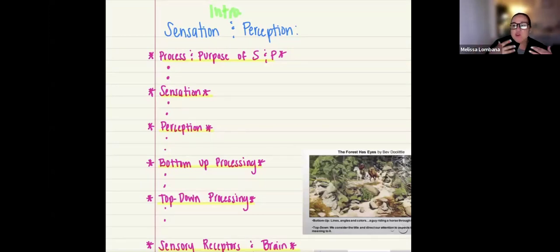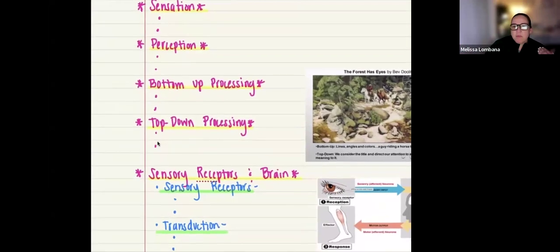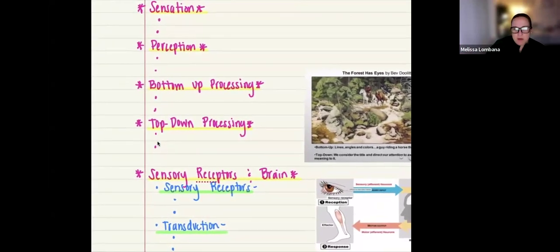You'll notice that our brain is very smart in picking up patterns, because if not, imagine if our senses were constantly picking up every little thing and relearning it. So our brain likes to look for patterns, which can be very good, but it can also be a little bit negative. All right, then we move on to what's called bottom-up processing and top-down processing.